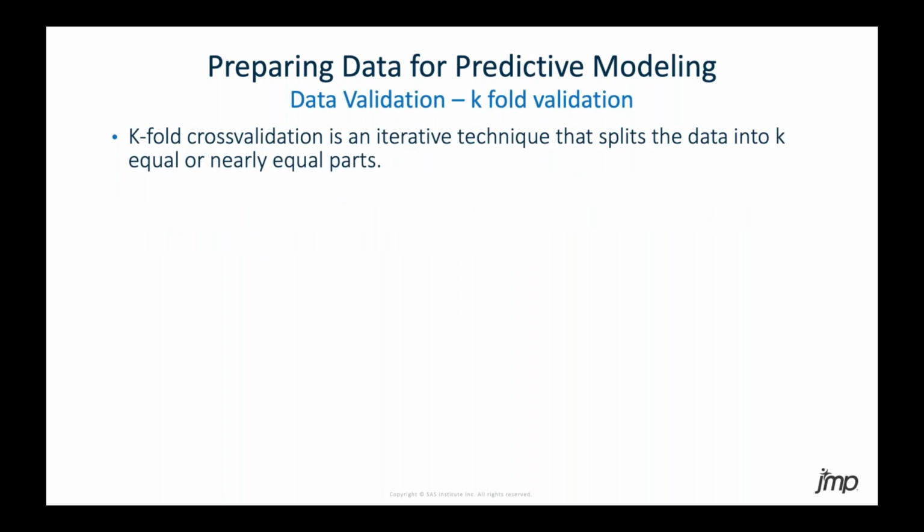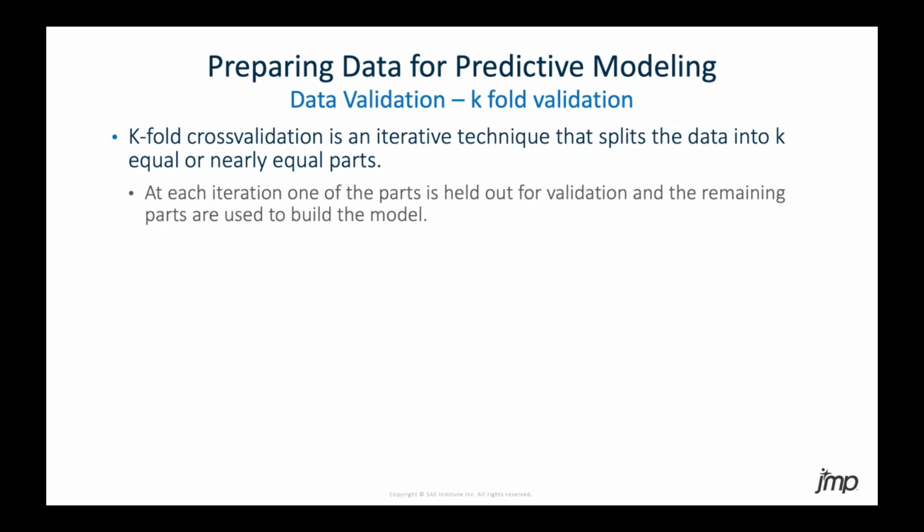The final iterative technique I want to talk about is k-fold. This is sort of the extreme. With k-fold, I split my data set up into k equal or nearly equal parts. Then at each iteration, I hold out one of those parts for validation, and I use the remaining parts to build the model. I keep on going until each of my folds is held out of the data.